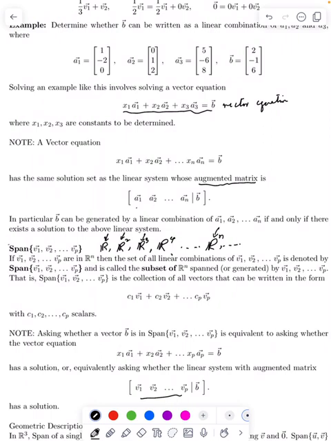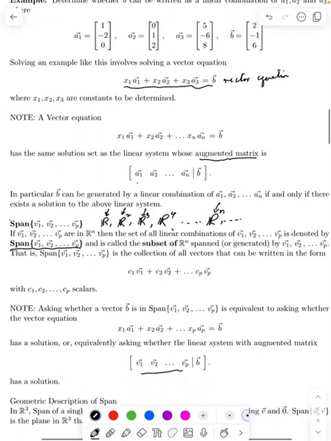So if the set of all linear combinations of these vectors is denoted by span, then the span of v1 up to vp is the set of all the linear combinations of these vectors.